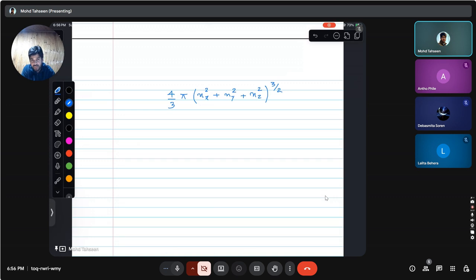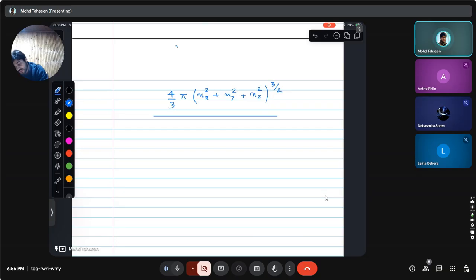This would be r cube divided by the volume occupied by a single state. What is the volume occupied by a single state? It will be 1.